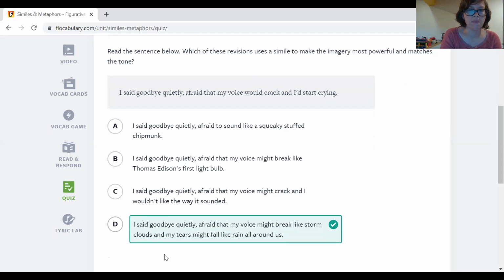So I said goodbye quietly, afraid that my voice would crack and I'd start crying. So D would be your best choice. I said goodbye quietly, afraid that my voice might break like storm clouds and my tears might fall like rain all around us. So comparing your voice to storm clouds, and tears to rain.